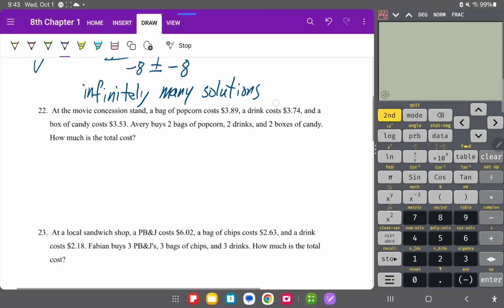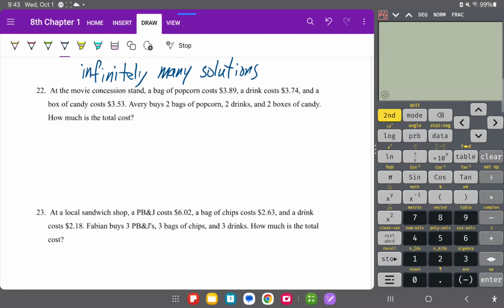Okay, on number 22, at the movie concession stand, a bag of popcorn costs $3.89, a drink costs $3.74, and a box of candy is $3.53. Avery buys 2 bags of popcorn, 2 drinks, and 2 boxes of candy. What's the total cost?